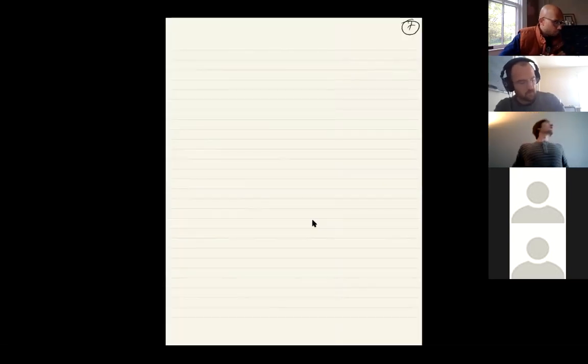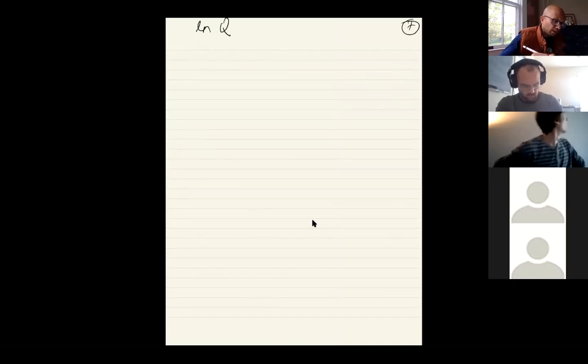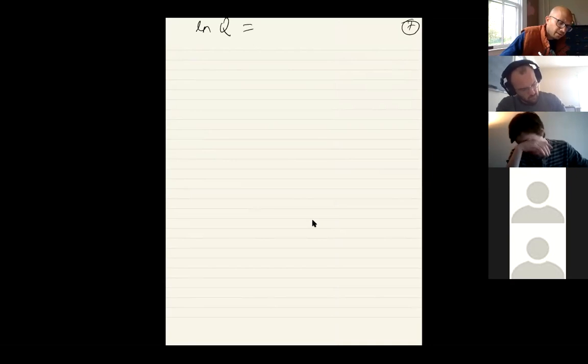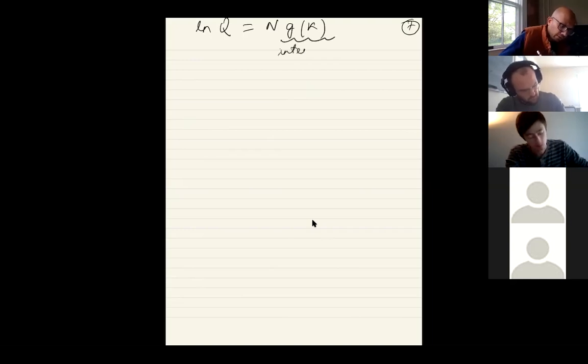So what does this mean? Now, if you think about ln q, which is the log of our partition function, that we know is the free energy. So let's think of the intensive free energy, and how this relates to g of k, where we have defined g of k as the intensive free energy.